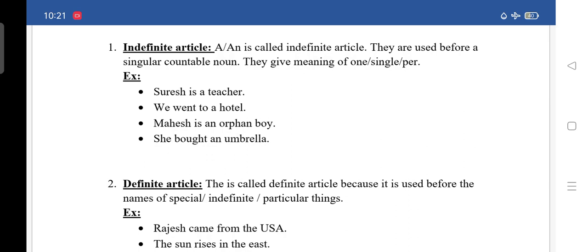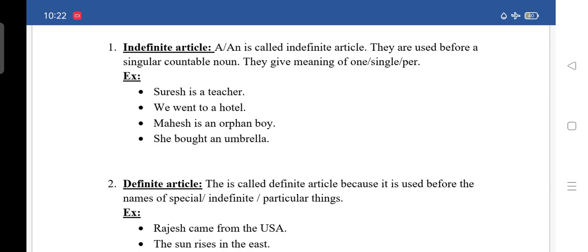So what it is explaining is, indefinite articles are a and an. They are used before a singular countable noun. Again, what is this countable noun? I'll tell you in the next topic. You can see this: a and an are called indefinite articles.